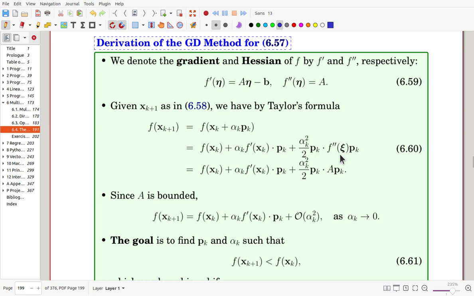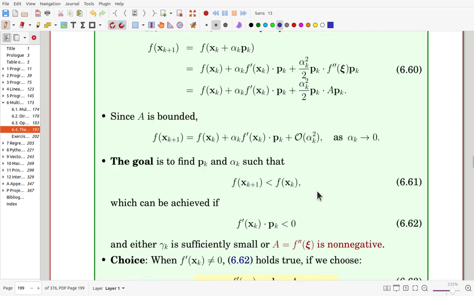In fact, the Hessian is the same as the matrix, and if the matrix is bounded, as it usually is, then we can write it in this way. Here, the same A as in the last subsection, the goal is to find the search direction and step length such that at the new approximation, the function value is smaller than the last one.